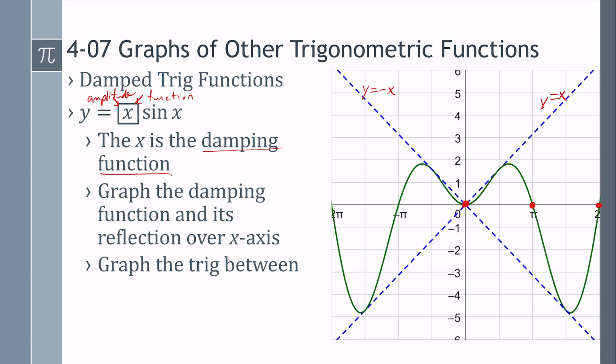The other x-intercept's halfway in between. Now the maximum and the minimum are there, so that's where it touches the damping function, and you can see we just draw it to those points. Now on the other side it goes back up, and that's because now the x is negative on the left, which means the amplitude is negative on the left, so it means it's upside down on the left.